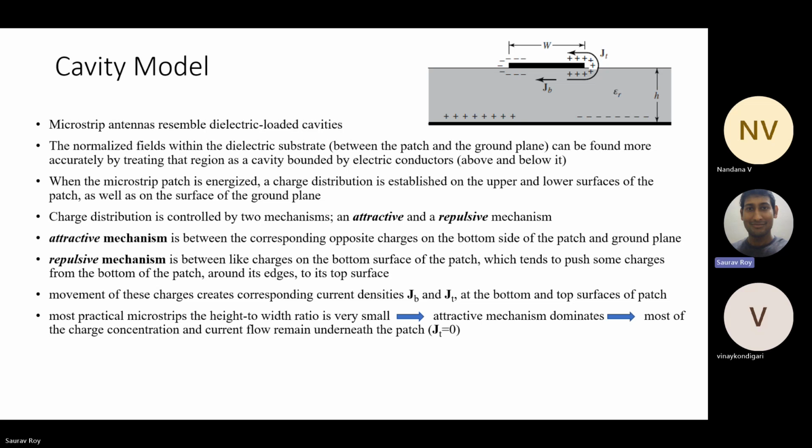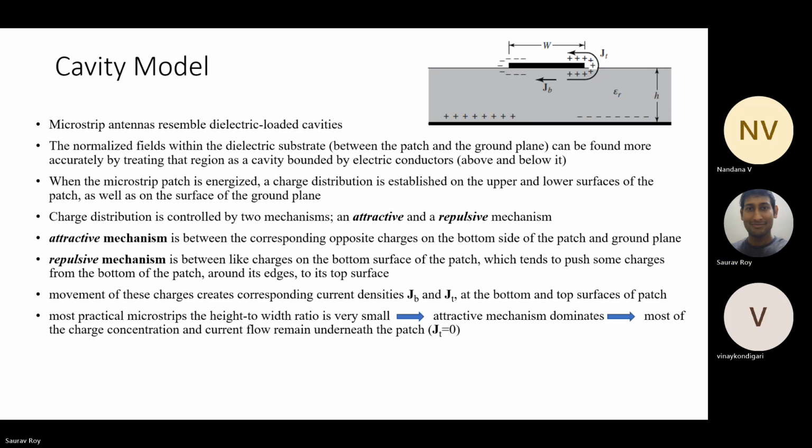Generally, you see the direction of JT. Because of the repulsive mechanism, it goes from the bottom towards the top. That's the direction it shows. The same thing will happen for the negative charges also. Because of repulsion between the positive charges, they go from the bottom to the top of the patch.